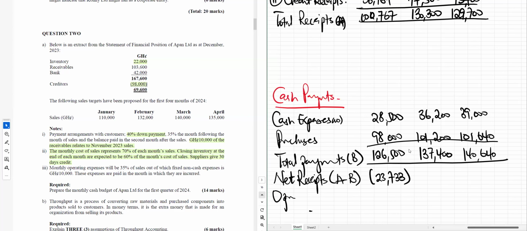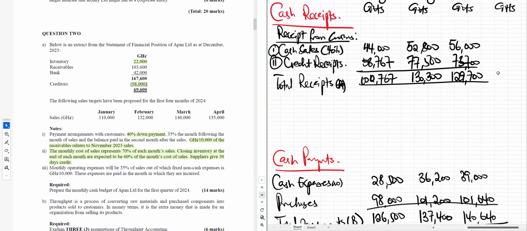Then we add our opening bank balance. That's 42,000. Total receipts: 102,767 plus 130,300 plus 129,700, that's 362,767.